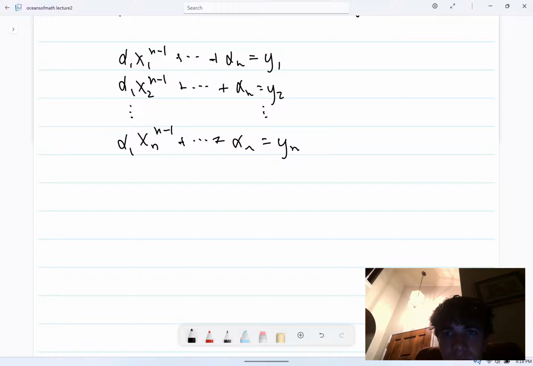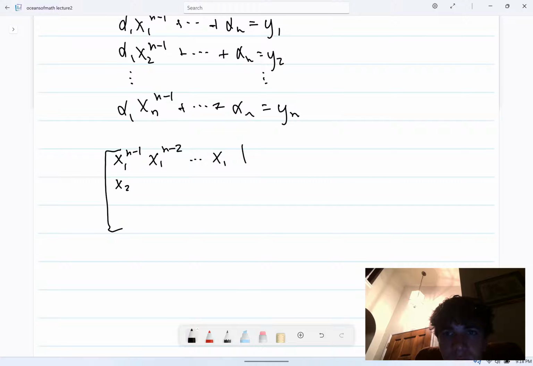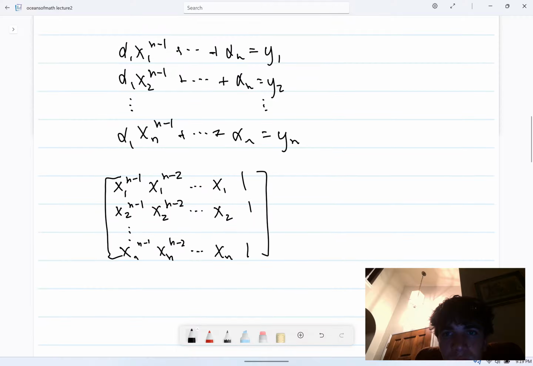So that matrix is going to be of the form x1 to the n minus 1, x1 to the n minus 2, x1, 1, x2 to the n minus 1, x2 to the n minus 2, x2, 1, and all the way down to xn to the n minus 1, xn to the n minus 2, xn, 1. Okay, so it's an n by n matrix.